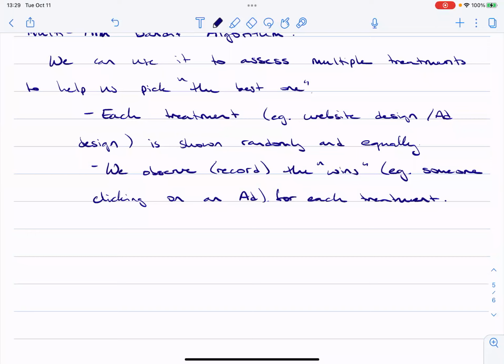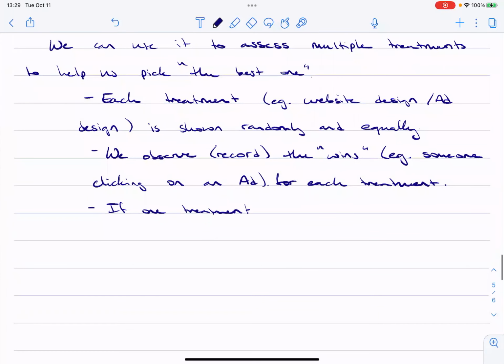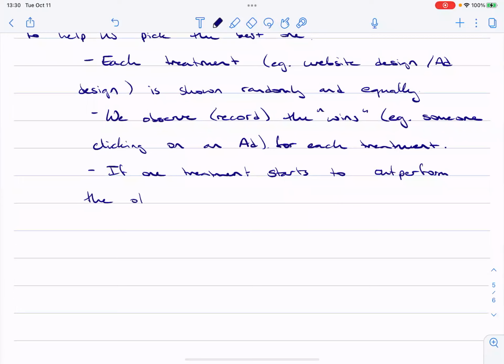If one treatment starts to outperform the other treatments by some metric, it'll be shown more often.